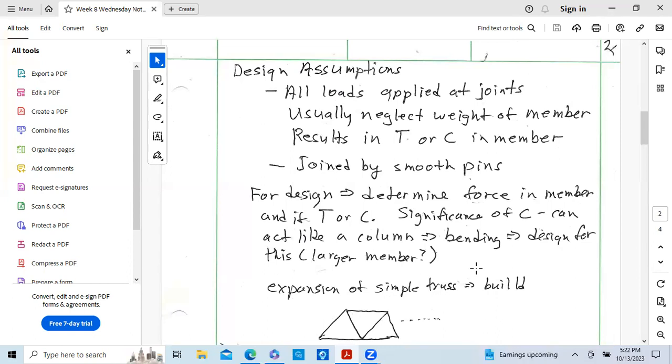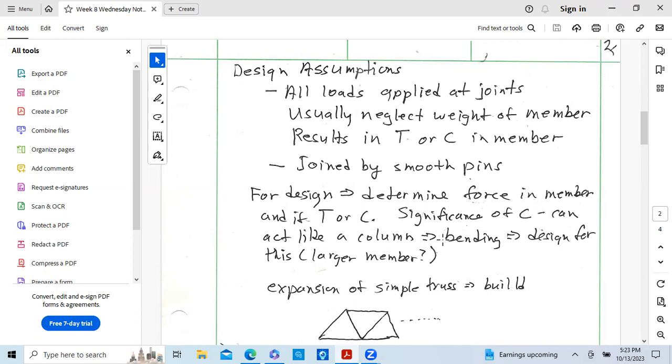We don't consider the weight of the member in a particular solution. Loads applied at the joints result in tension or compression in the members. And we assume the members are joined at the connections by smooth pins. As we work this, you can call it joint A, I probably call it pin A. It doesn't matter what you call it. Either one is going to be just fine.